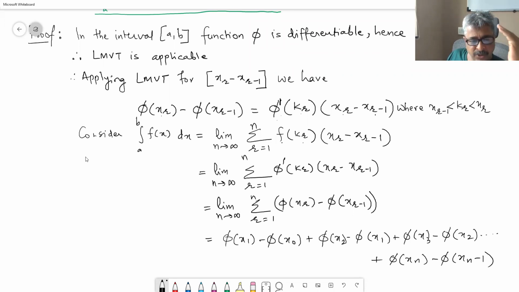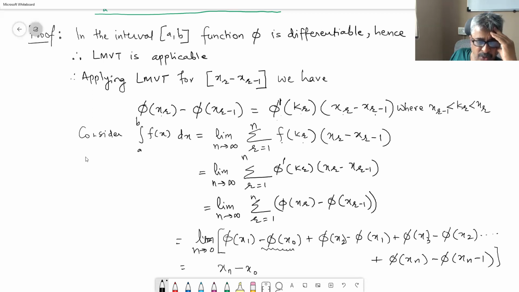So as many as you want, you can put those terms, and we can write limit n tends to infinity outside this, and inside the bracket if you observe, everything gets cancelled.